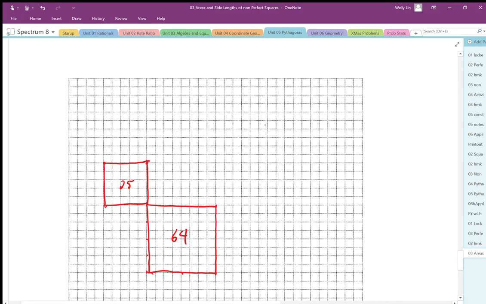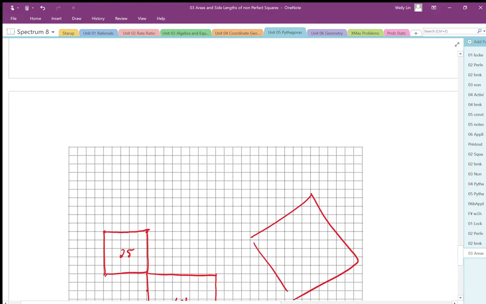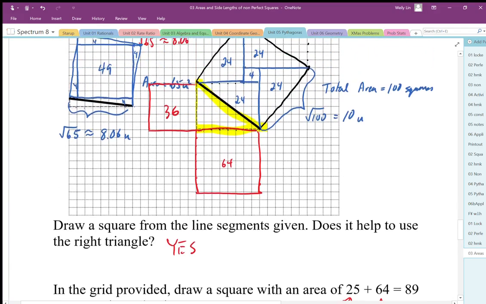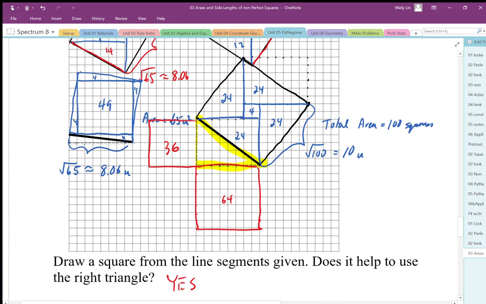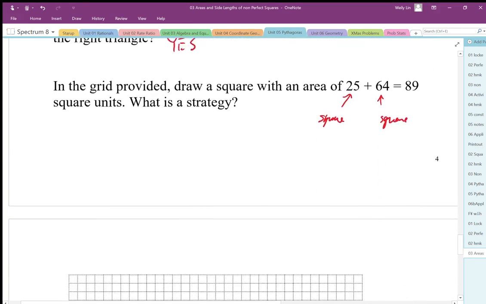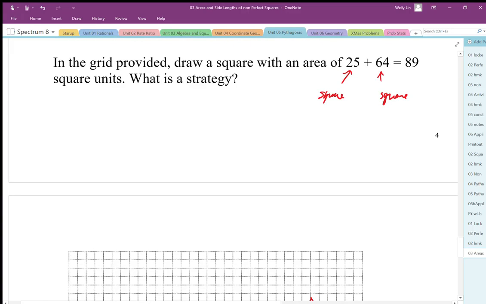Obviously 89 squares I can't draw like this because it's not a whole length. So it's going to be one of these diagonal squares. So I need a diagonal square with 89 squares in it. I need to figure out how I'm going to make that happen. So maybe I can use this property, I wonder if this property can help me out. Okay, and I'm going to leave it at that. And I want you to figure that out.